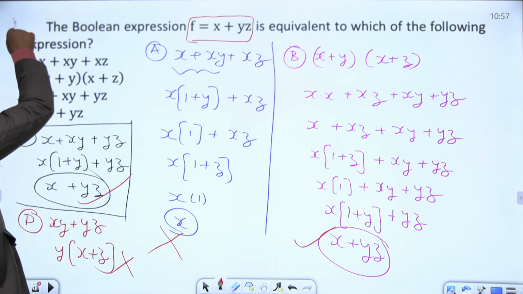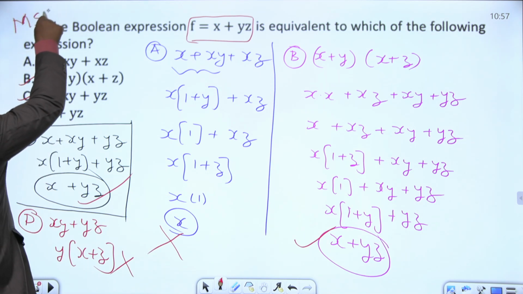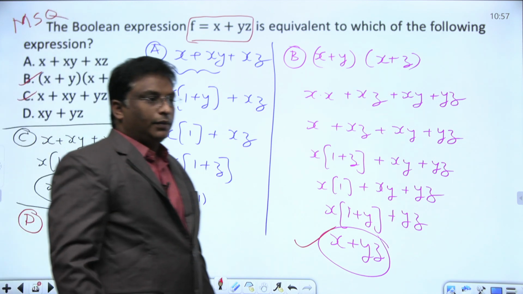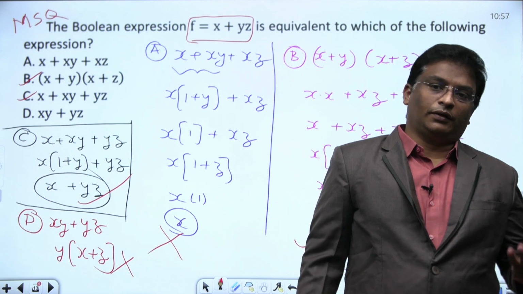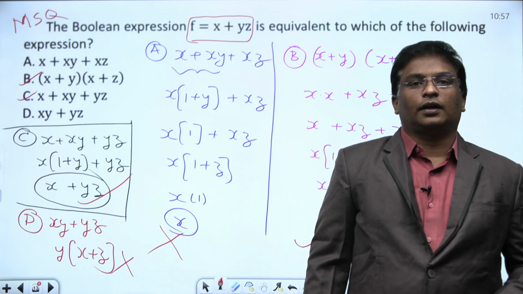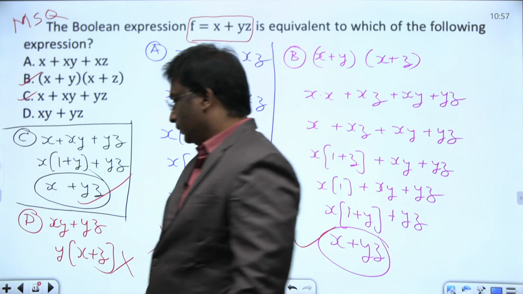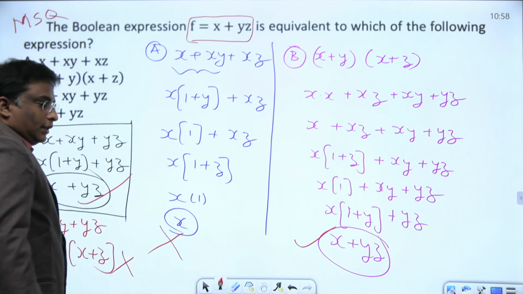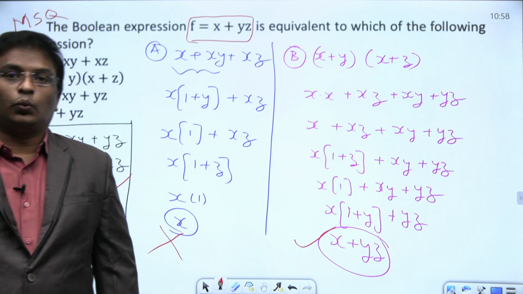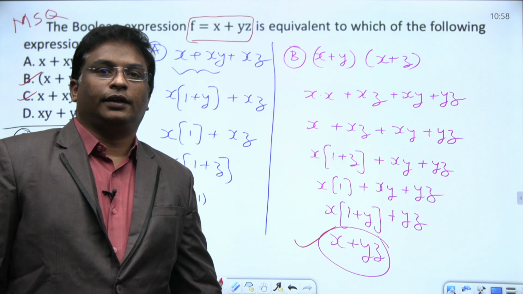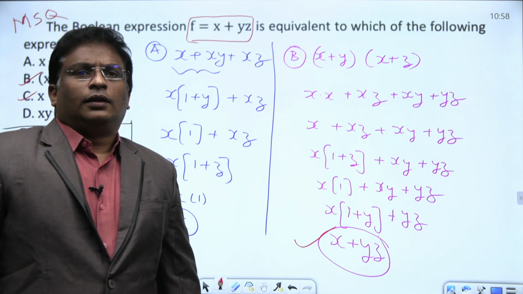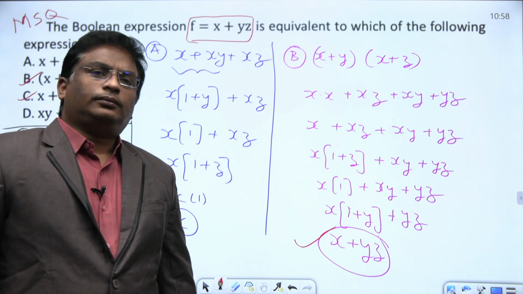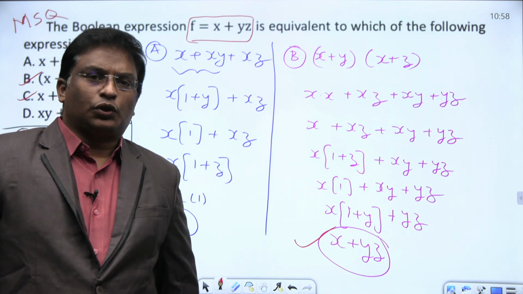This is an MSQ question, multiple select question. There may be more than one correct answer. Maybe all the options are correct, three options are correct, or two options are correct. From this year onwards, they are introducing MSQ questions. It is the right attitude to analyze students.